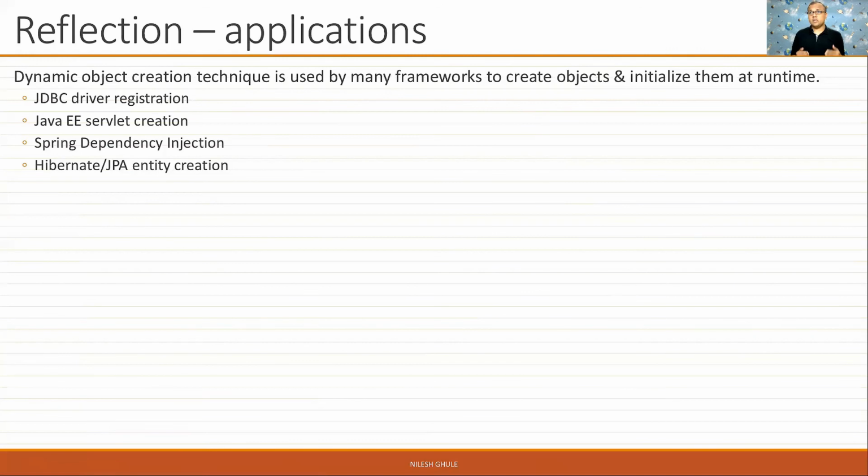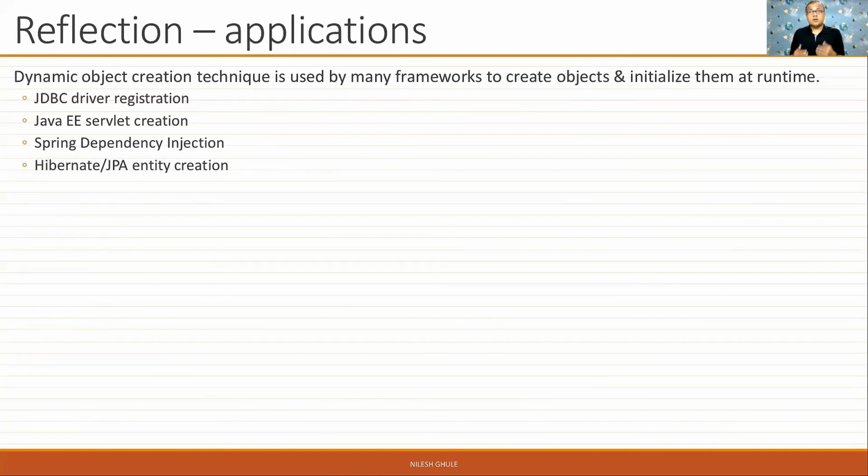Not only that, Spring is another popular framework in the Java world, and Spring has a concept of dependency injection, constructor based dependency injection, setter based dependency injection, or for that sake direct field initialization as well. And in all these cases, internally a reflection like mechanism is used.